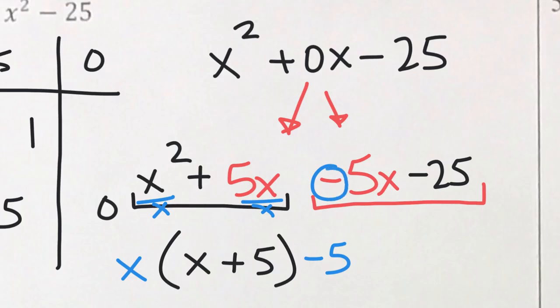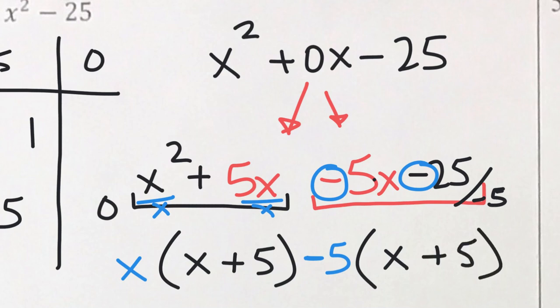They both have a minus, so we factor the minus out. Negative 5 divided by negative 5 is positive 1. Negative 25 divided by negative 5 is positive 5. Okay, so one factor is x plus 5, and the other factor is x minus 5.